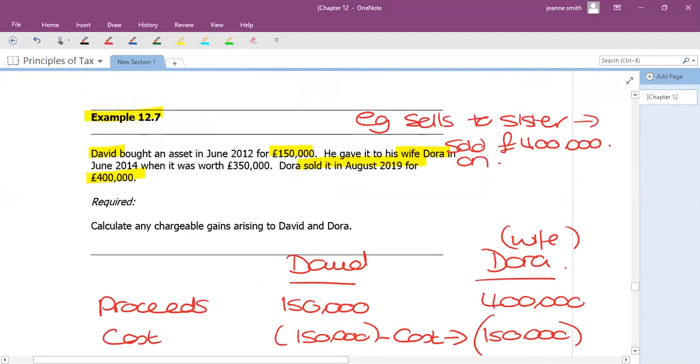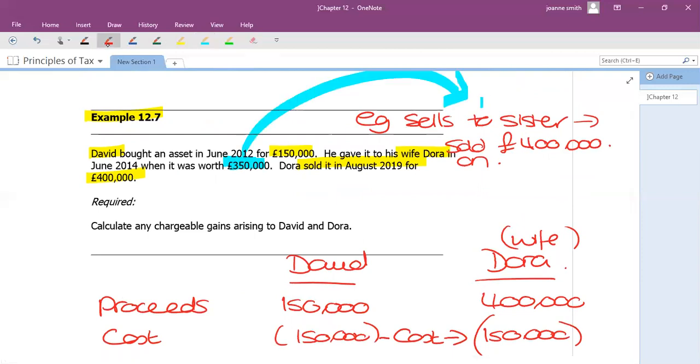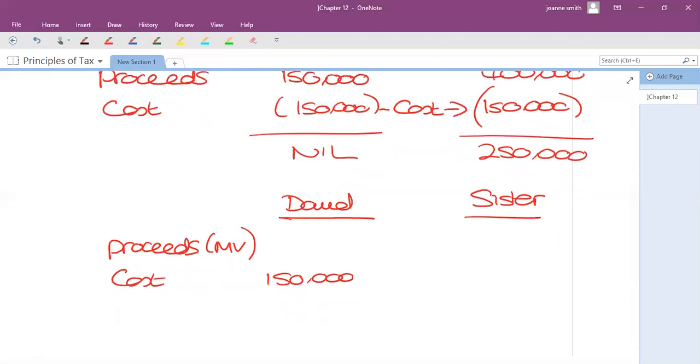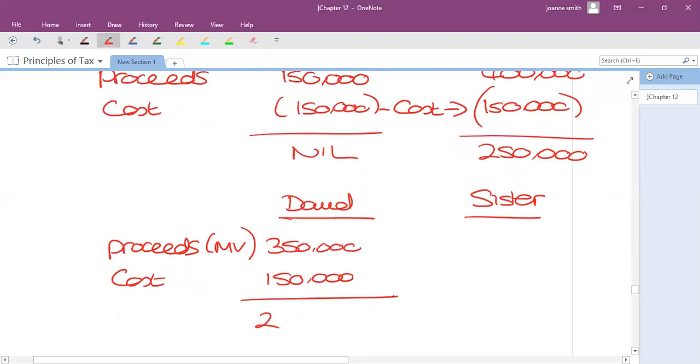And that is also given in the question. It says he gave it to his wife when it was worth 350. So let's assume this is what it's worth when he gave it to his sister. So that's relevant there. So even though he gives it to his sister, he has to use that market value. So he's not made any money out of this, but he is going to get tax on 200,000.